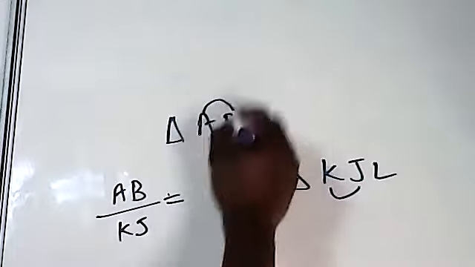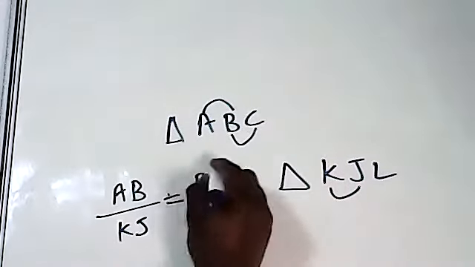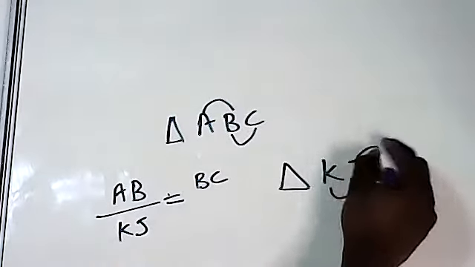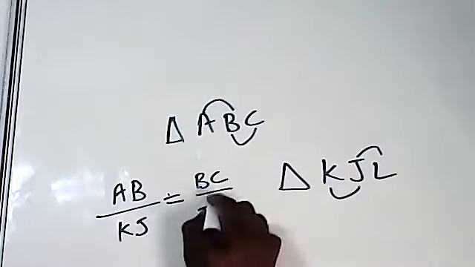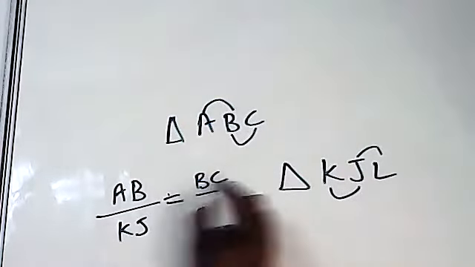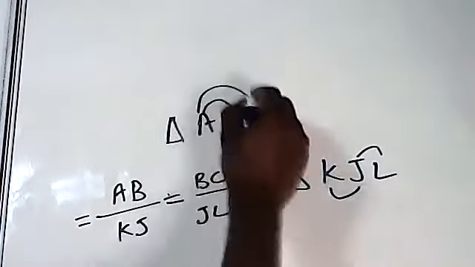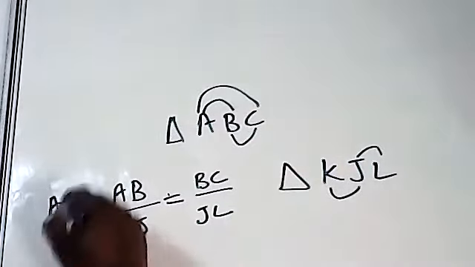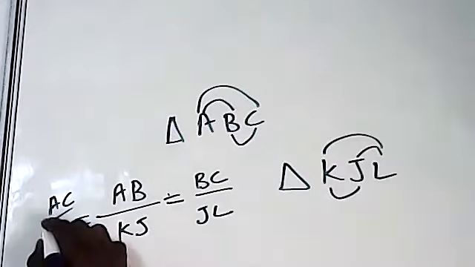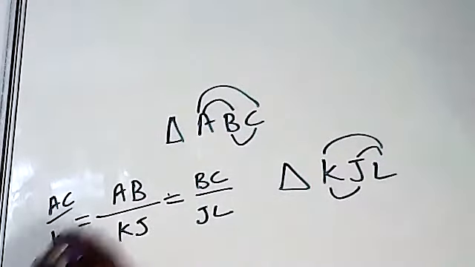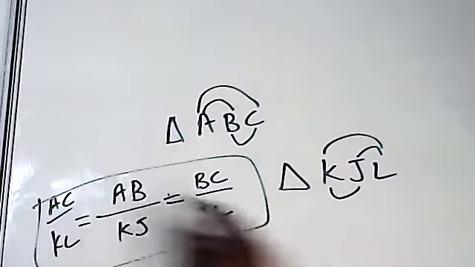Is equal to second and last, which is BC, all over second and last here, which is JL. And this is also equal to what? First and last, which is AC, all over first and last, which is KL.